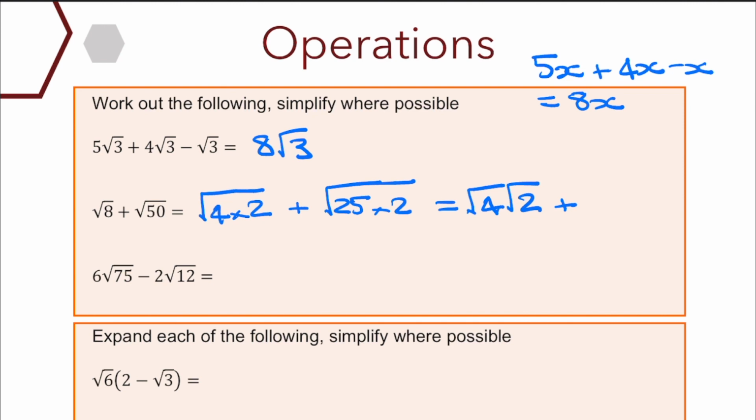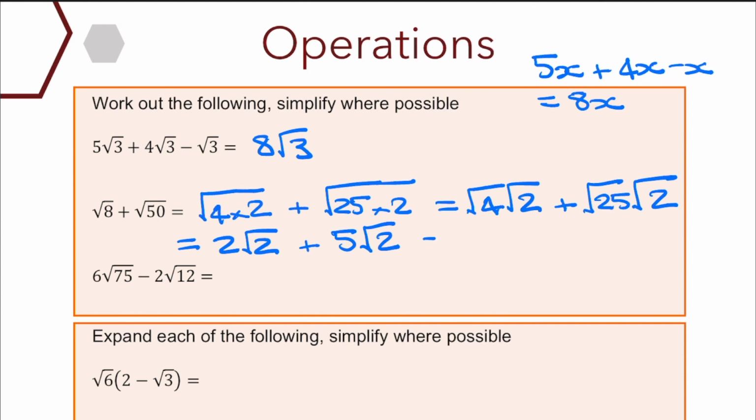And then we're going to add on root 25 times root 2. We've got square numbers, we can square root them. Root 4 is 2, timesing that by a root 2. Root 25 is 5, timesing that by a root 2.